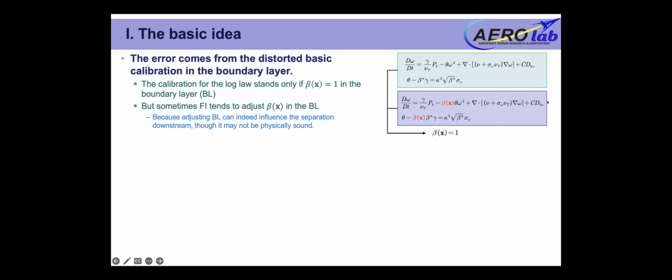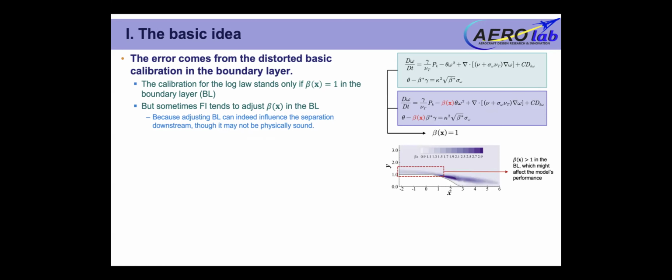In the second block, you can see the field inversion equation and the related calibration of the log law. By comparing the second line of each block, you can see that the calibration for the log law stands in the field inversion equations only if beta equals 1 uniformly in the boundary layer.